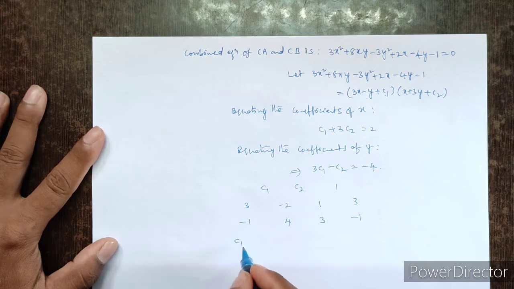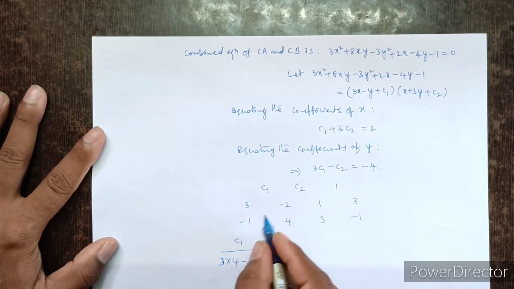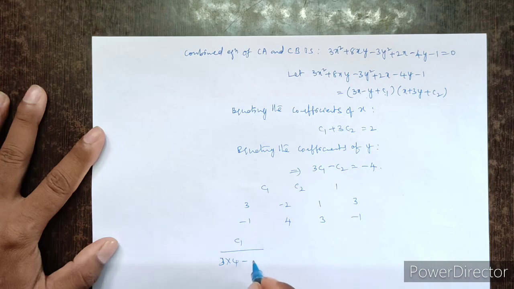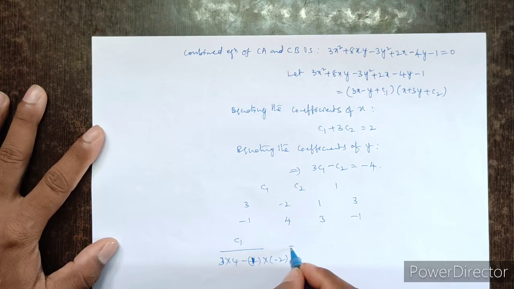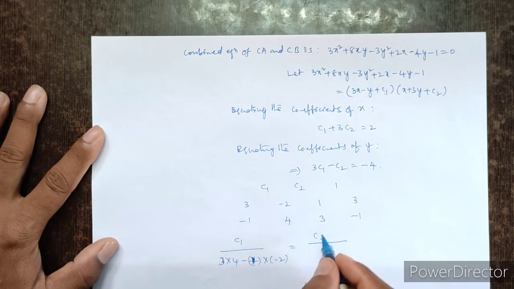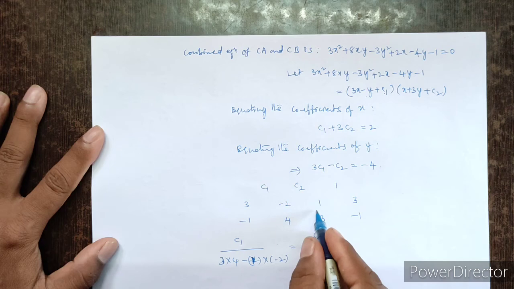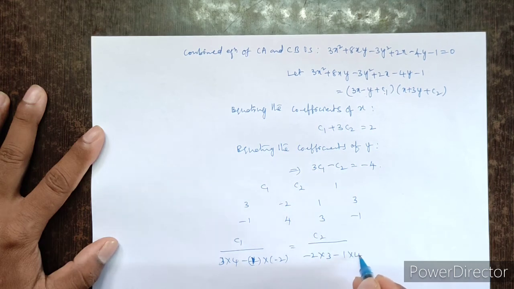So c1 by 3 into 4 minus 1 into minus 2, that is 2. c2 by minus 2 into 3 minus 1 into 4. Constant by 1 into minus 1 minus 3 into 3.